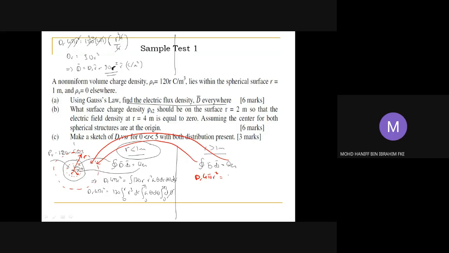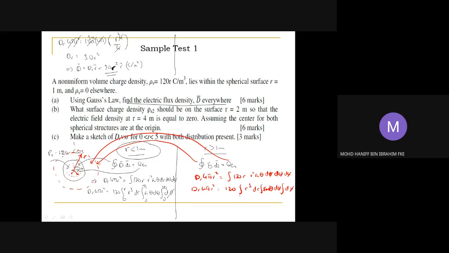So for that, we can write the integration of Q enclosed to be the integration of 120 r, r squared sine theta, dr d theta d phi. Okay, so we can proceed with Dr 4 pi r squared, 120, integration of r to the power of 3 dr, integration of sine theta d theta, integration of d phi.